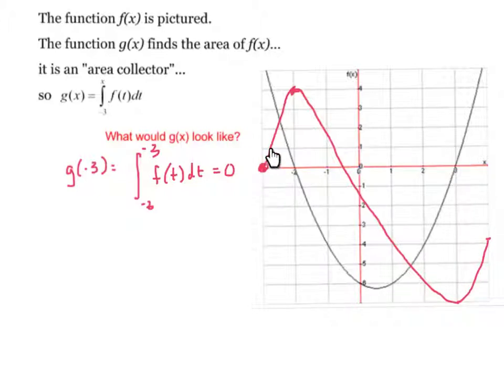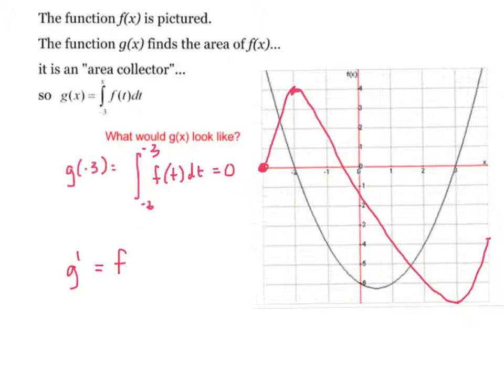Every time the red graph was increasing, the black graph was positive. Whenever the red graph was decreasing, the black graph was negative. It certainly seems like the derivative of g is equal to f.